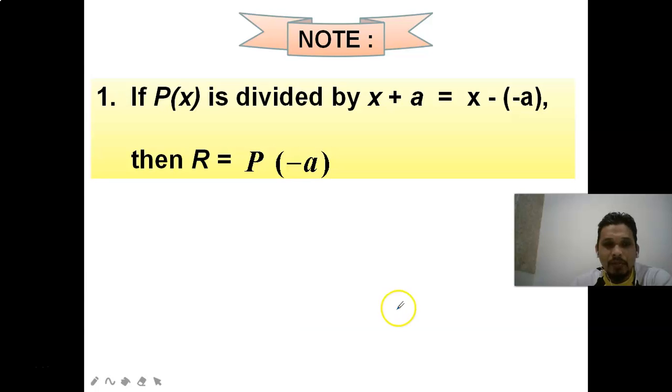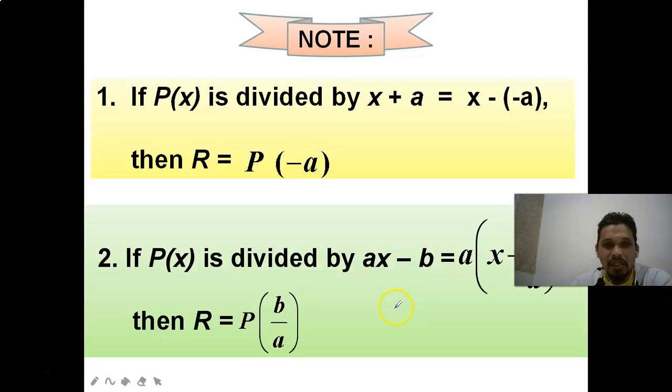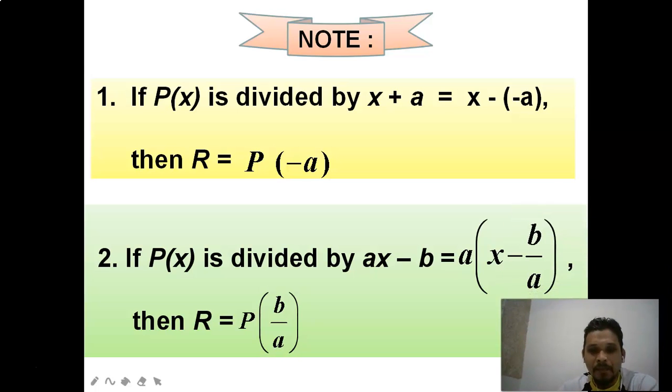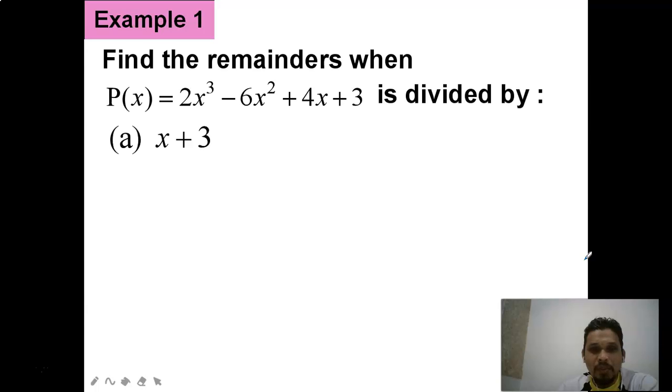We recall, if the polynomial p(x) is divided by x plus a, then the remainder equals p(-a), and also this one here. Example 1.